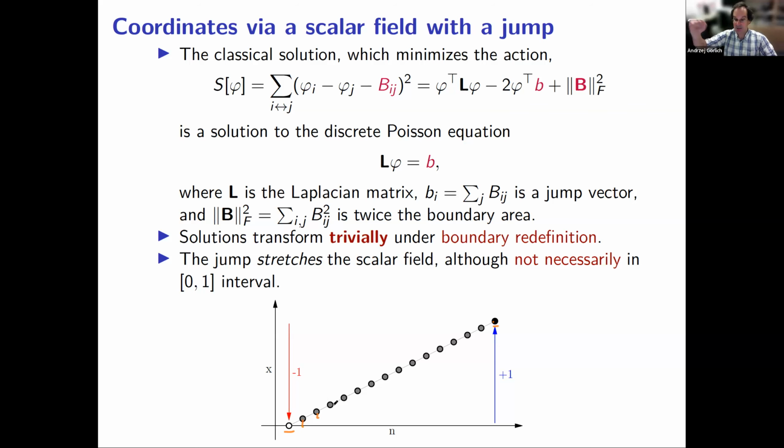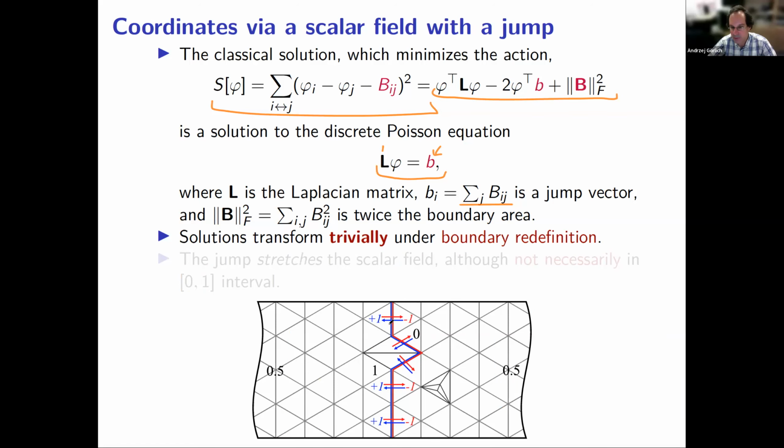It continuously changes from 0 to 1. And indeed, if the black bead observes the value of the white bead, which is 0, shifted by 1, it would be like here. So you can see that this jump just introduces a stretch of the scalar field.